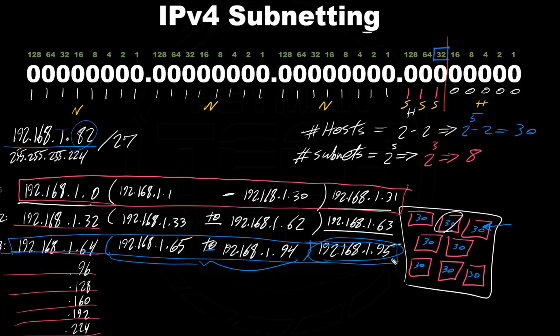So this will be the broadcast address for this network address with this subnet mask. And again, this IP address falls into this range in this subnet.